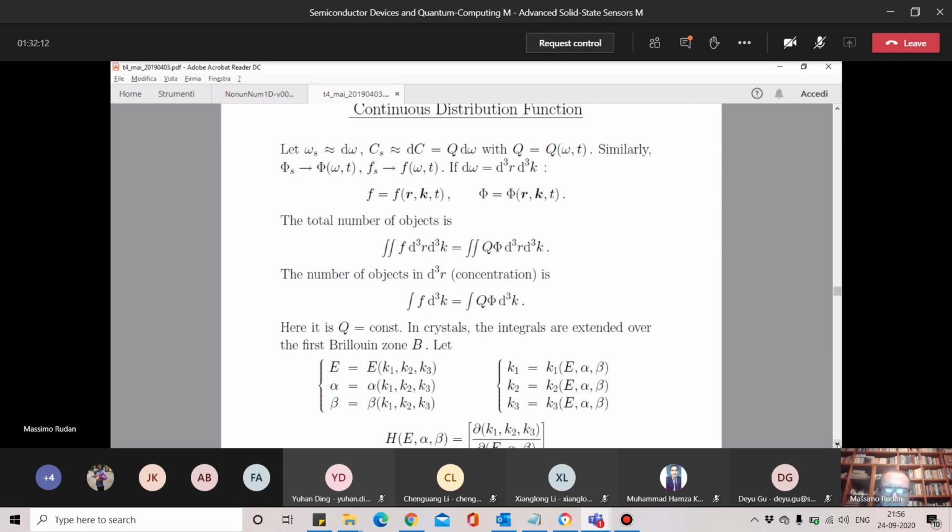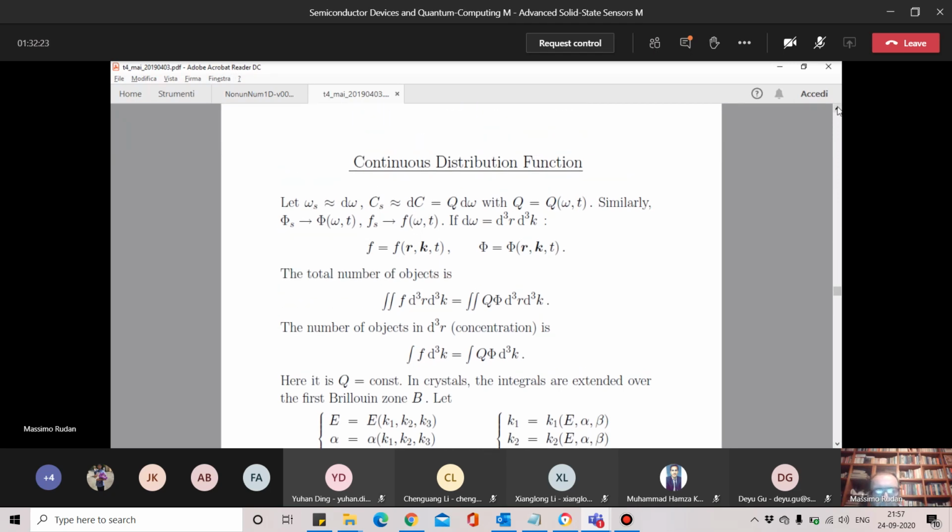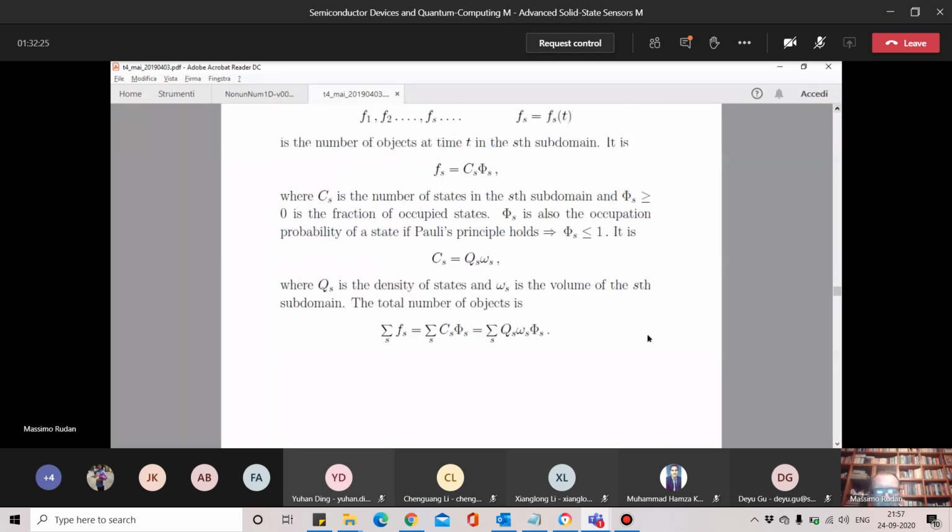And similarly, we can find the total number of objects. You remember in the previous page, the total number was found by adding up over the index.